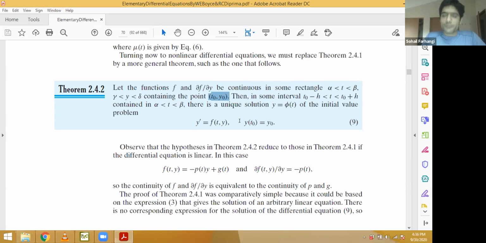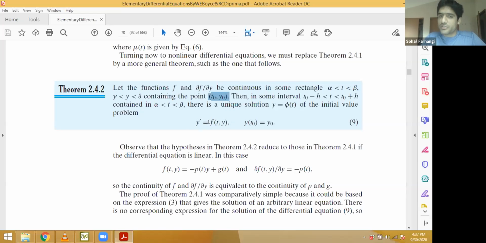So we do see that this is a nice theorem in that it's not only talking about linear differential equations, which is most of what we tend to study. This is a very large class, right? Y prime equals a continuous function of t and y, such that the y partial derivative of this function is also continuous.